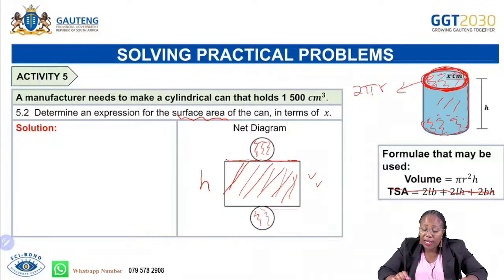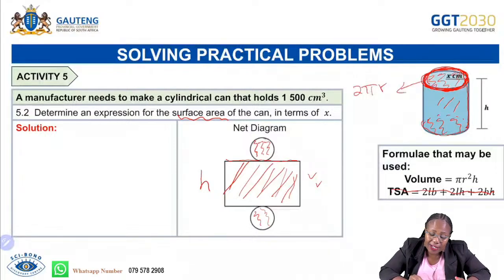Okay? And then that means now, for this side here, we are using that 2 pi r of the circumference. And then now that means it will be the area for this rectangular part here. Okay, and then now plus the 2 circles. Area of a circle is what, creatures?